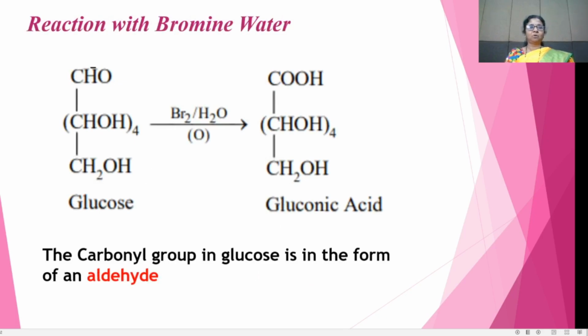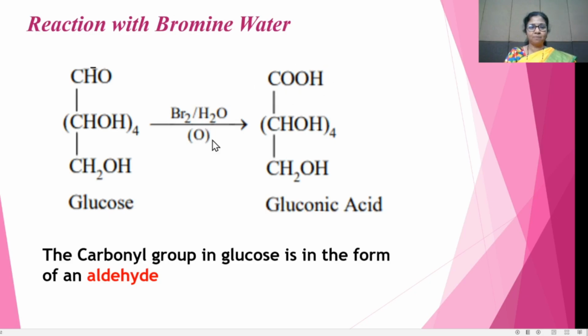Then the reaction of glucose with bromine water. When glucose reacts with bromine water, oxidation takes place. The CHO group is converted into COOH. Glucose on oxidation with bromine water gives gluconic acid. There is one COOH carboxylic acid group present.